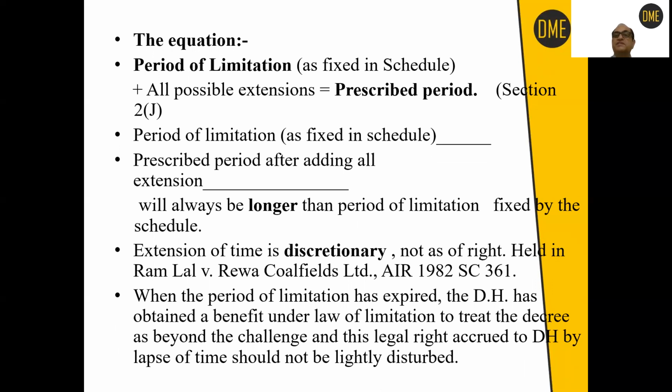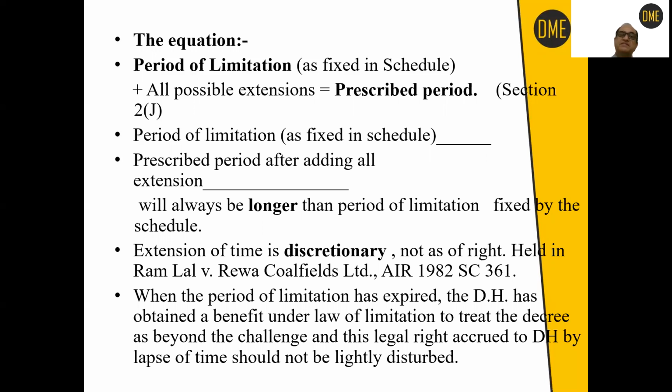If you add all possible extensions to the period of limitation fixed by law, then you are reckoning the prescribed period. So our equation here is: period of limitation as fixed in the schedule plus all possible extensions from section 4 to 24 of the Limitation Act is equal to the prescribed period.